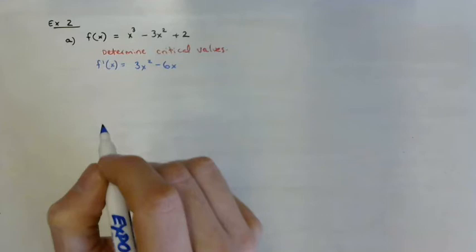That's just 2. So our critical point there is 0, 2. If we sub in 2, we get 2 cubed minus 3 times 2 squared plus 2. That's 8 minus 12 plus 2. That's going to be negative 2. So that critical point is 2, negative 2.